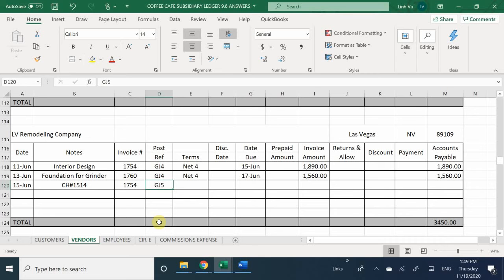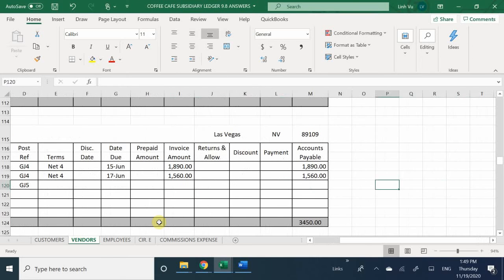So we're going to go all the way over to payments, right? And we just put in the 1890. Okay. And why did it do that?